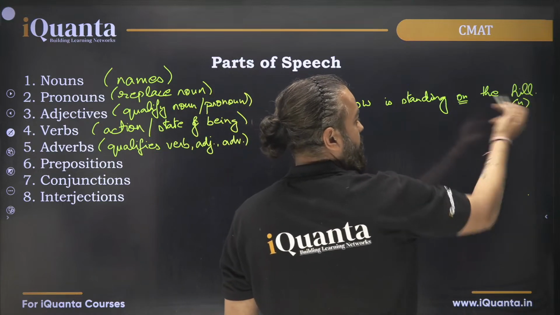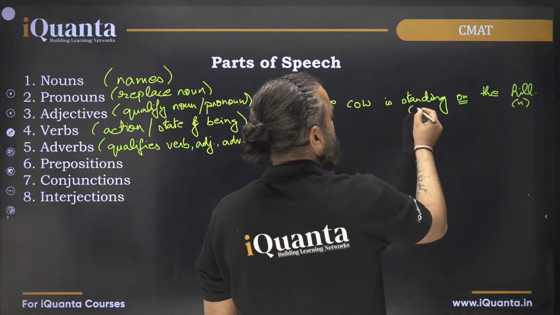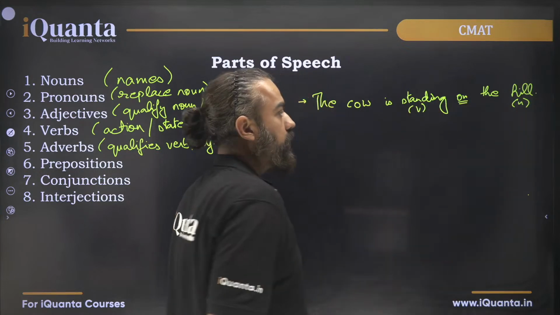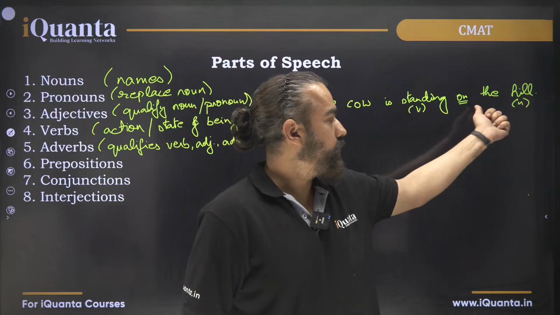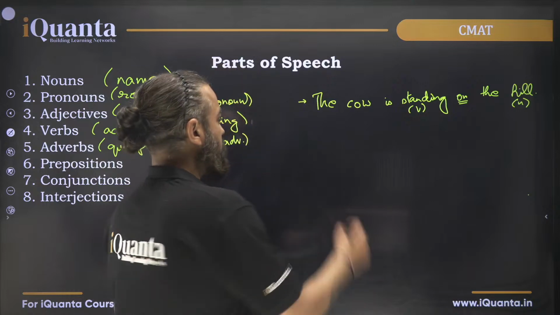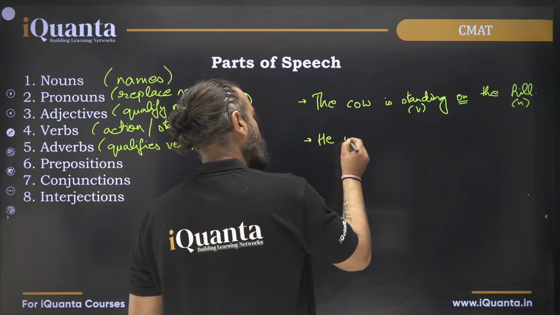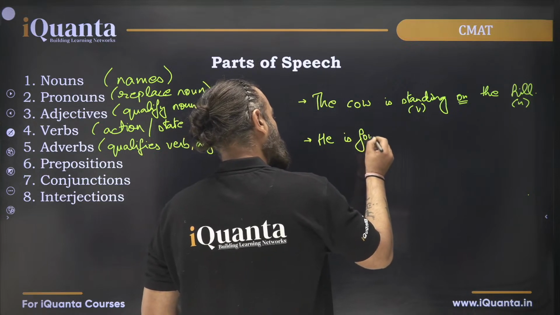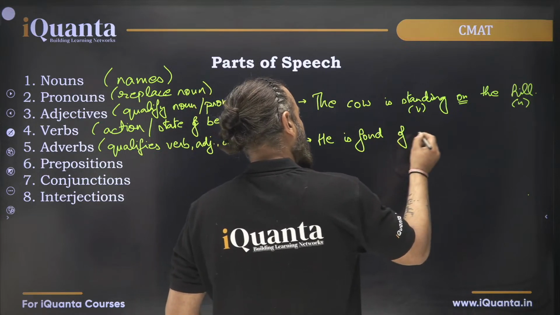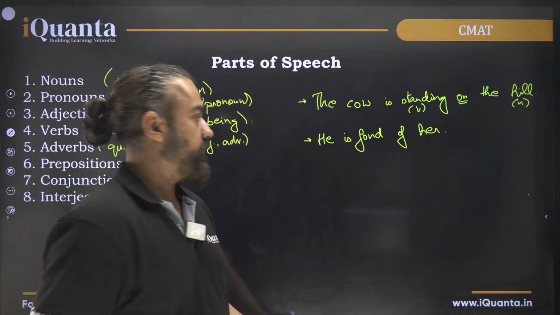Preposition placed before a noun or a pronoun, and this is a verb. Standing on the hill, placed before a noun or pronoun, shows the relationship with any other part of speech. Another example. He is fond of her.